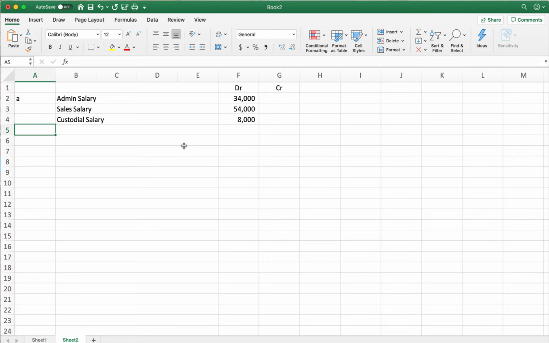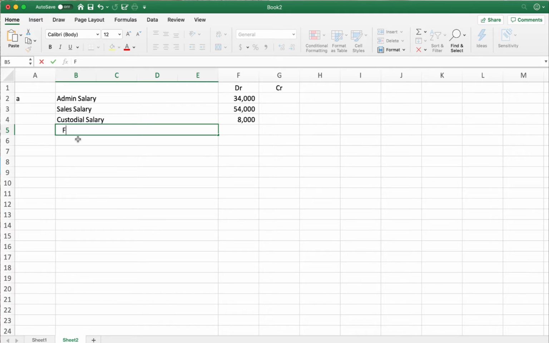Okay, so now we need to show that we have liabilities, right? Based on all this pay that we paid, we have liabilities. And if you remember from the video portion, we said the first thing we have is federal income tax withholding.